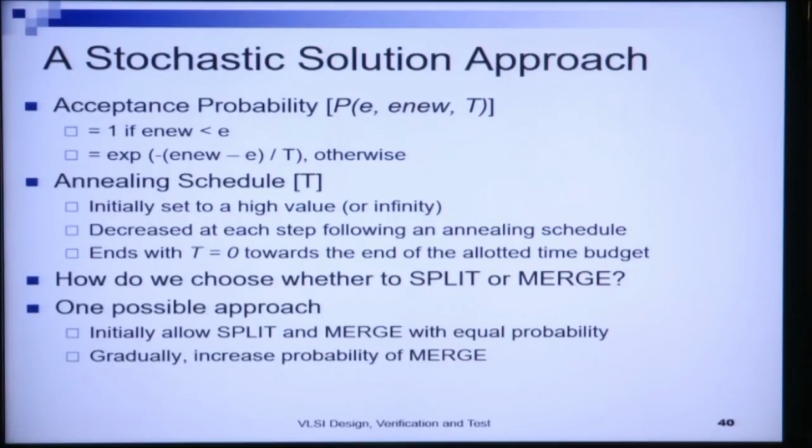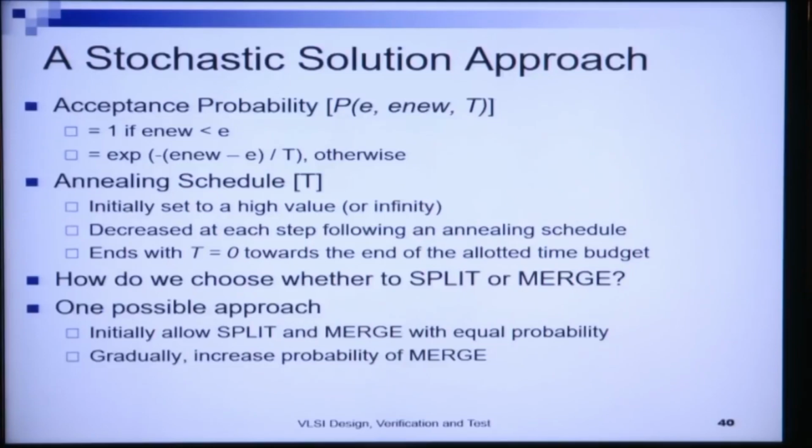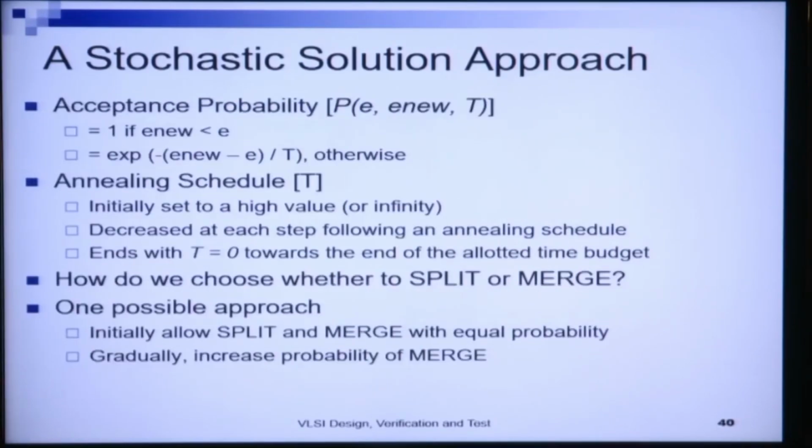When T is very high, then e to the power of this value becomes very low, so 1 by e to the power of this value becomes comparatively higher. And then I have a higher chance of P(E, E new, T) becoming higher than the random value, and therefore I have a probability of accepting a worse solution if 1 by e to the power (E new minus E) by T is greater than the random value.